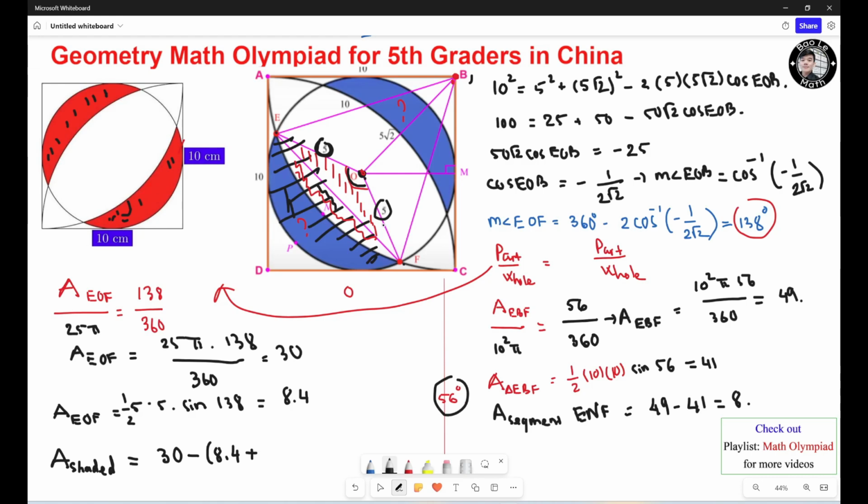The area of the segment right here, which is going to be 8. So 8.4 plus 8 is 16.4, subtracted from 30, so it's 13.6. This is just the shaded region right here, and then you need to multiply by 2 to get the top right here. So the final answer must be 27.2. And this is the final answer.